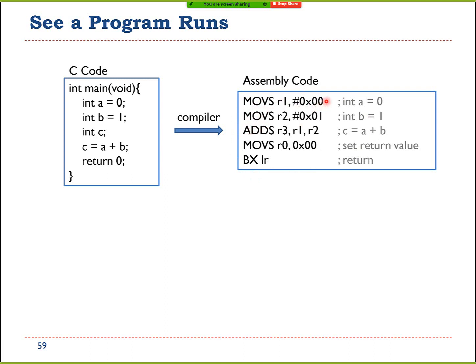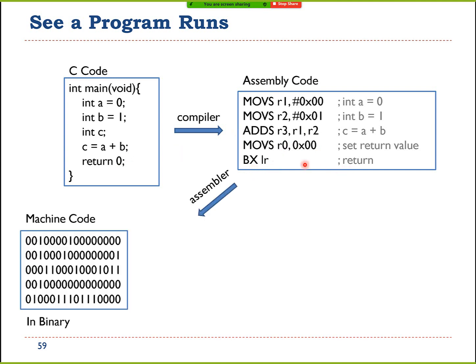It says move 0 to R1, where register 1 is storing variable A, and R2 is storing variable B, so it says move 1 to R2. Now it says add R1 and R2 and store the result in R3. R3 is storing the value for C, and then it sets the return value of 0 in R0 and does a return operation.